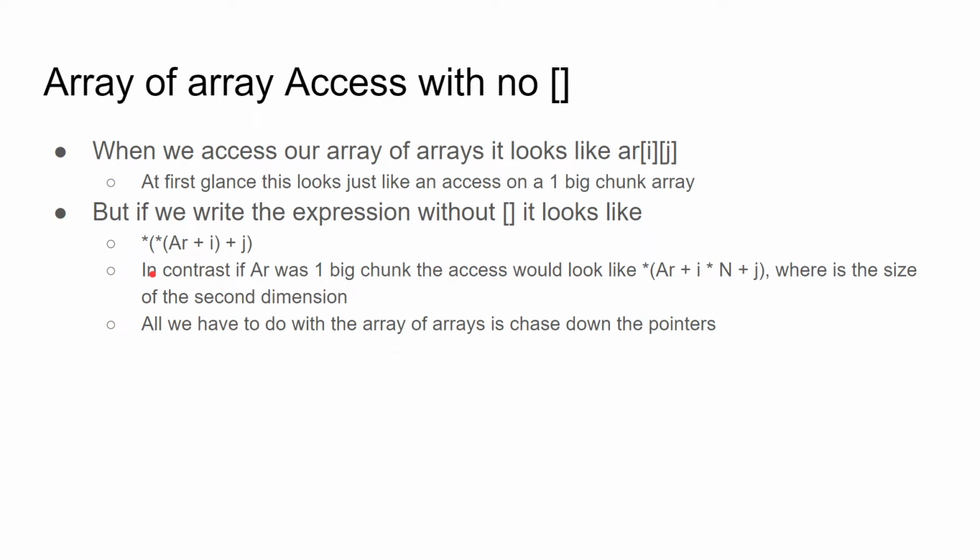The dimensions, right? The dimensions do not appear in this expression at all, which is why when you have dynamically allocated arrays and you're passing them as pointers to pointers, you don't have to specify, at least in terms of the type, what the dimensions are, because the compiler doesn't need it to look up the element.